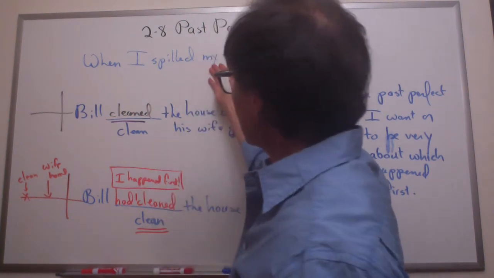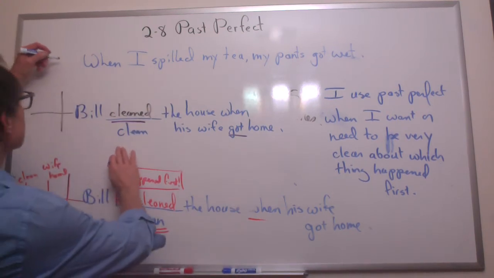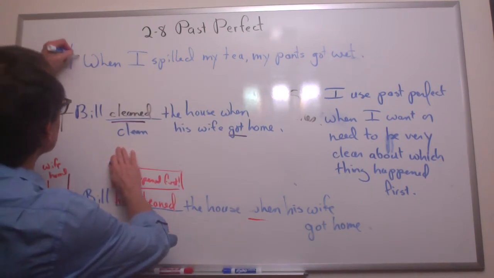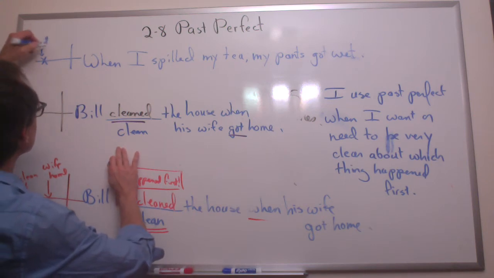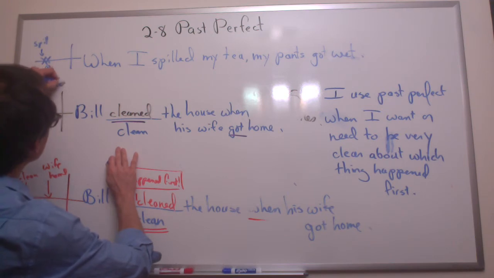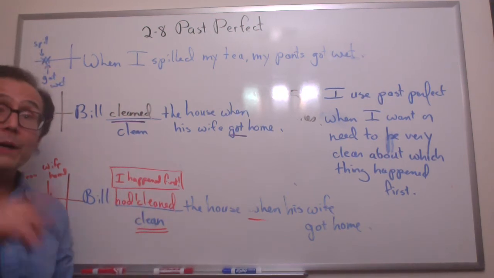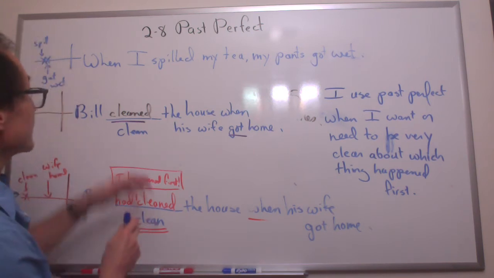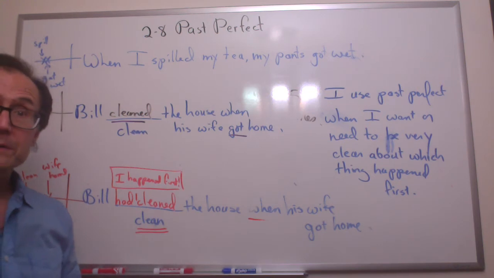So if I draw a picture of this, let me use blue here, it'll look like this. Spill, and then get wet. They happen very close together, almost the same time, but spill happens a little first. The one that happens with when happens a little bit first.